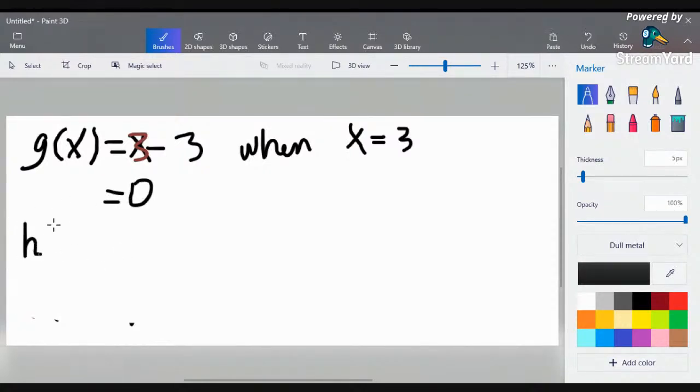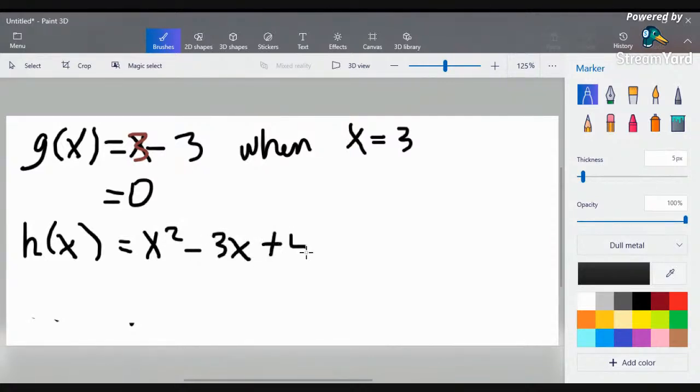Okay, let's proceed to the next given. h of x is equal to x squared minus 3x plus 5. Find h of x when x equals negative 5. So all you have to do is substitute negative 5 in every value of x.